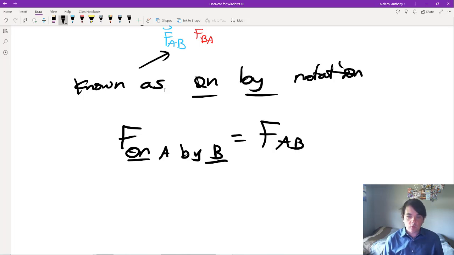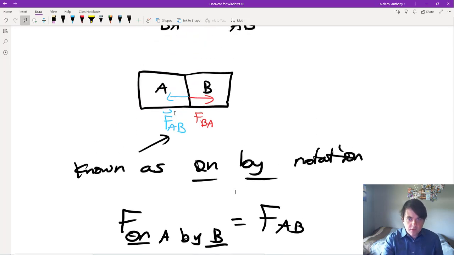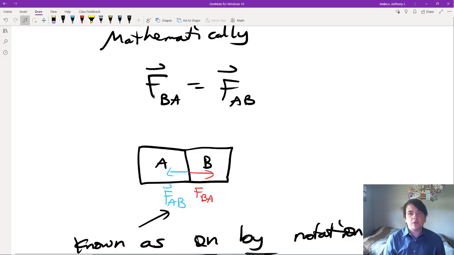You may also see this equation with a minus sign to denote the opposite direction, with or without. It just depends.